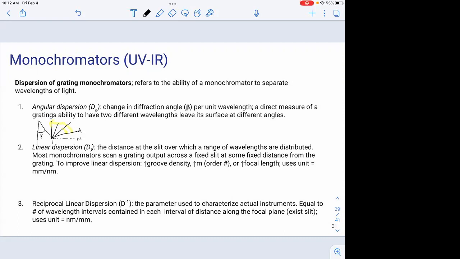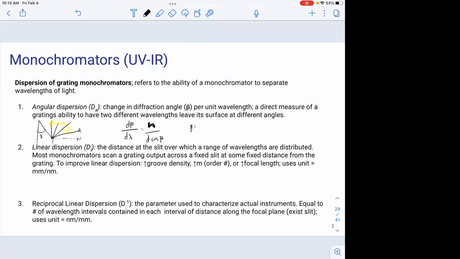Of course, we can give an equation that describes this relationship. dβ, the change in diffraction angle, over dλ, the change in wavelength, is equal to the order of interference, bold n, over d, the length of the grating, multiplied by cosine β.